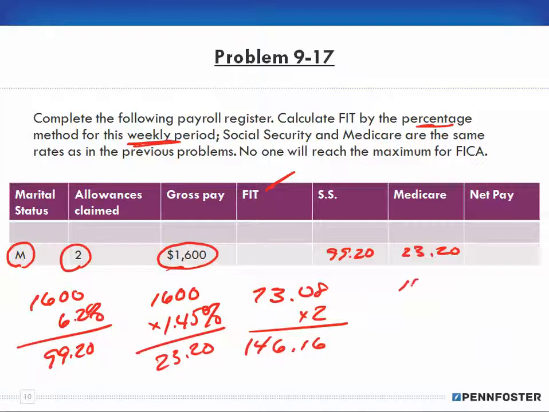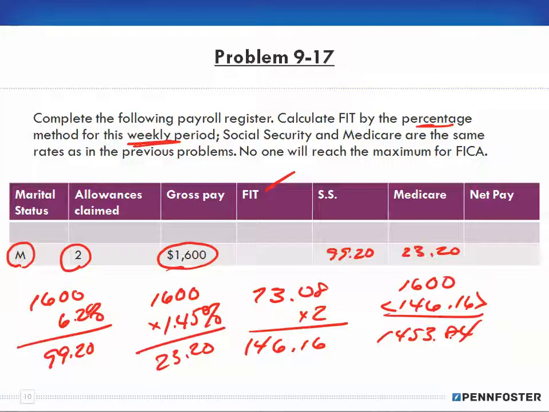We start out with a gross pay of $1,600, and then we subtract the 146.16, and we end up with $1,453.84.